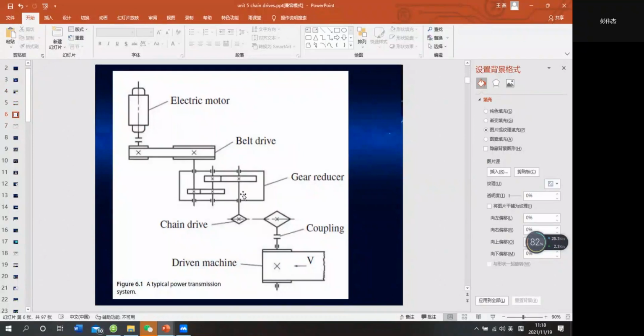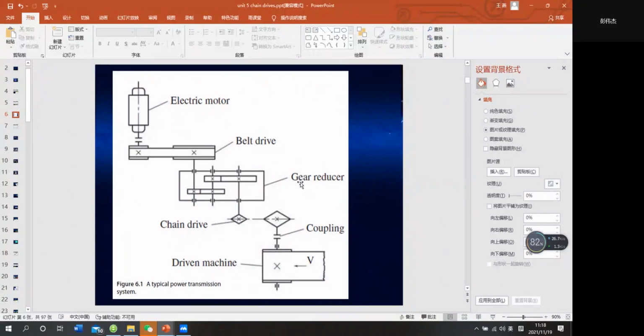Usually, we use belt drive at the high speed stage and chain drive at the low speed stage. And this is a gear reducer, and next class, we start to study gear drives.